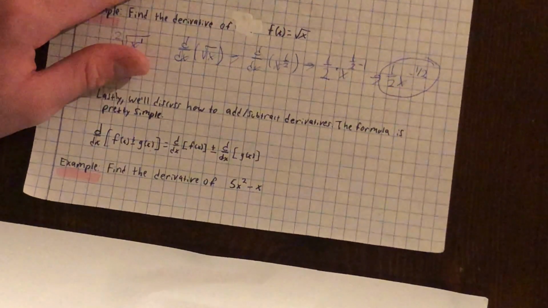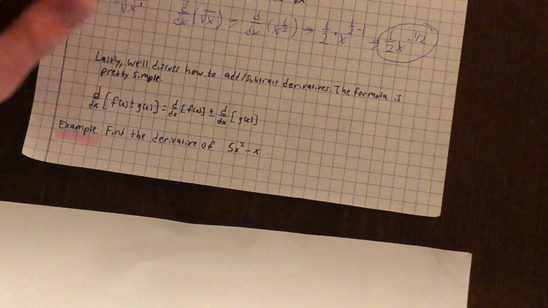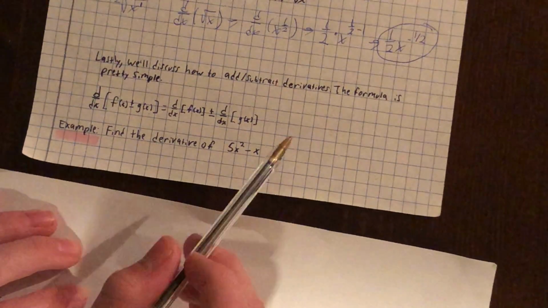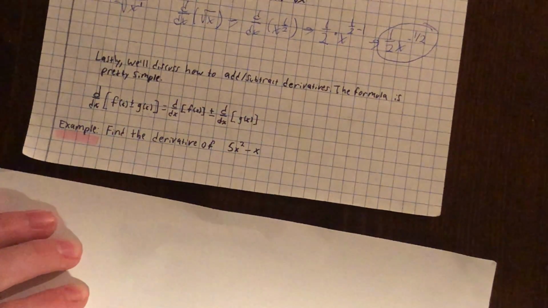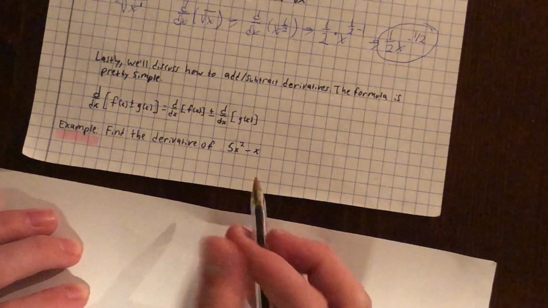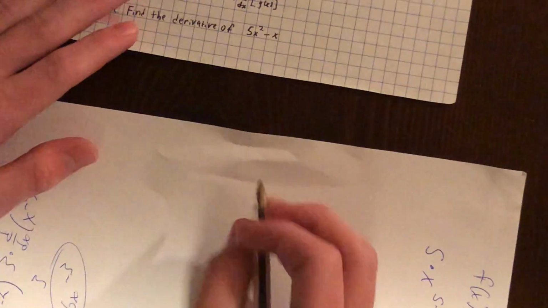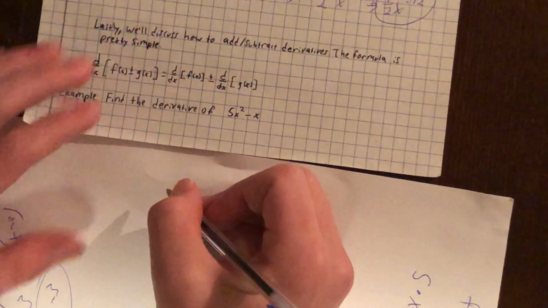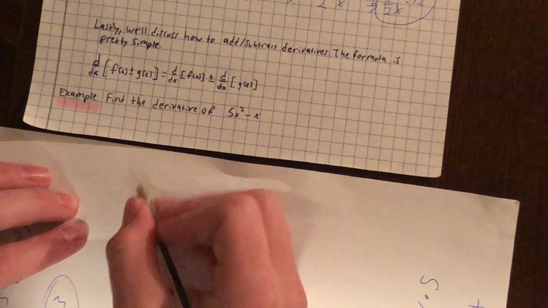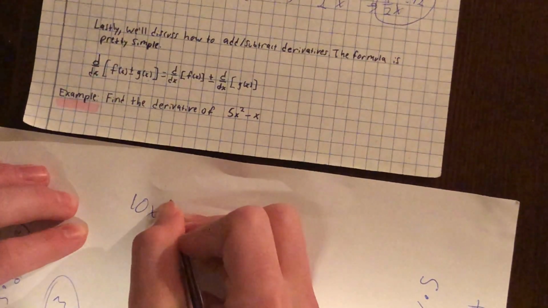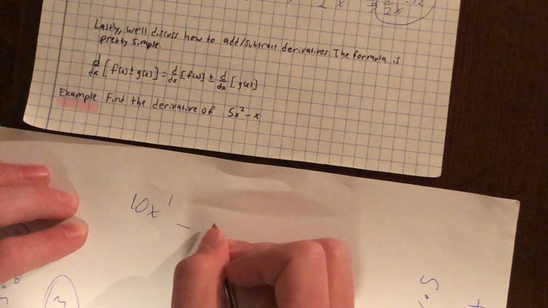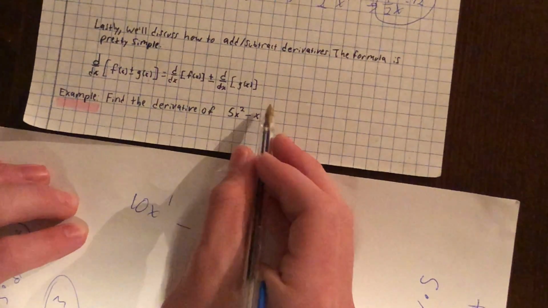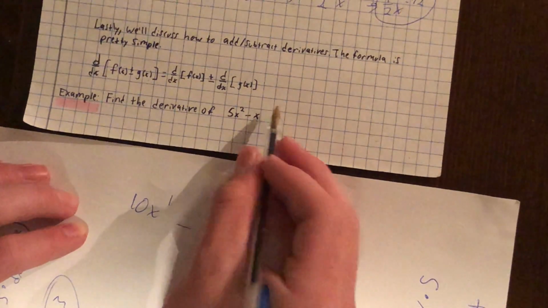It says find the derivative of 5x squared minus x. I'll just do it really fast for you. So 2 times 5, we'll do 10x, 2 minus 1 equals 1, minus x, and x is to the first power, but we do 1 minus 1 equals 0.